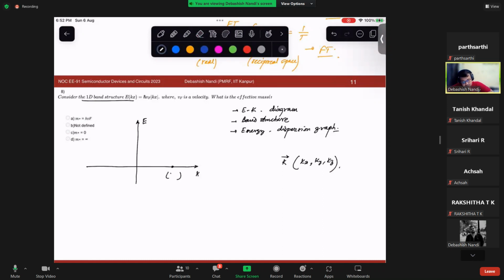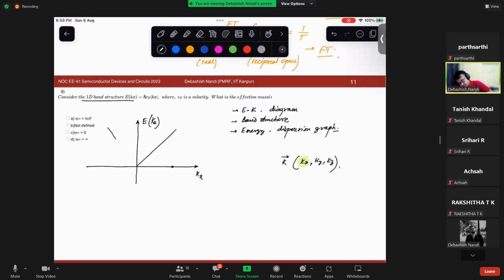Let's say (1, 0, 0) is a particular location in 3 dimensions. So in this problem they have said let us consider only Kx, so Kx and E of Kx. Only 1D they are talking about.